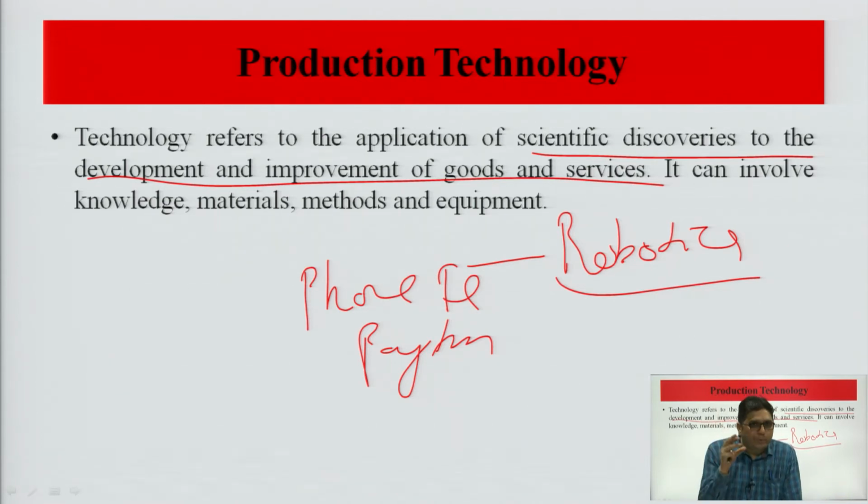Similarly, in production, we must use advanced technology so that we are in a position to produce quality products, cut costs, minimize wastage and improve the overall quality of the product.